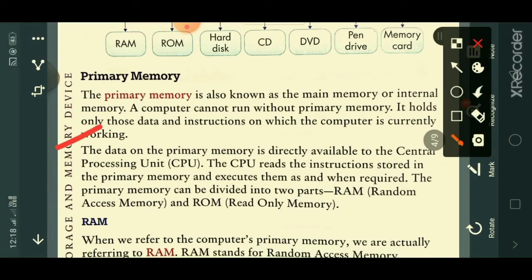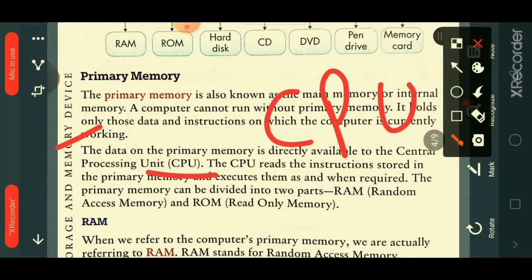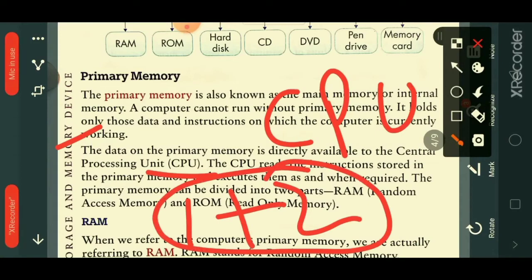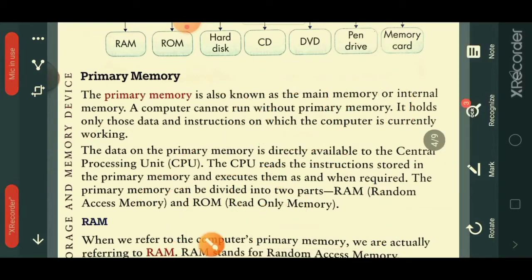The data on the primary memory is directly available to the central processing unit. See students, the processing task is done by the CPU. So your data and instruction which is stored inside the primary memory is directly available to the CPU for processing.